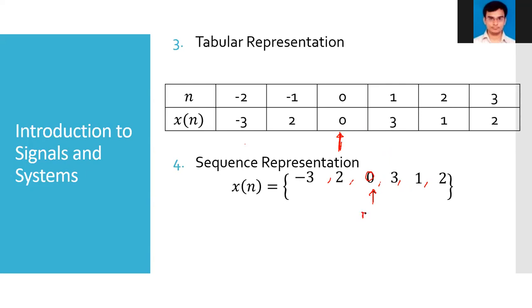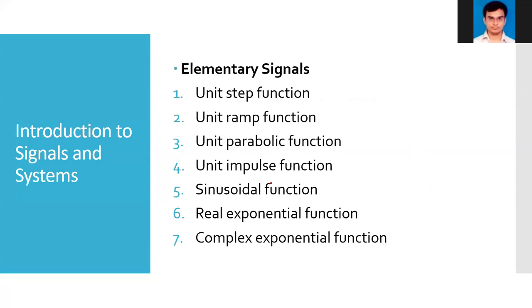This arrow indicates that this is n equal to 0. As I said, tabular representation and sequence representation both are used for discrete time signals. Understood? So these are different ways to represent a signal. We will use all of them in different ways. But the representation should be very clear.